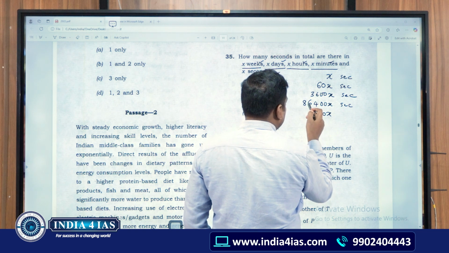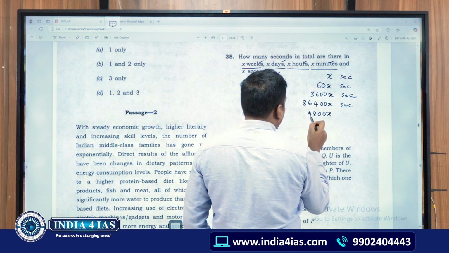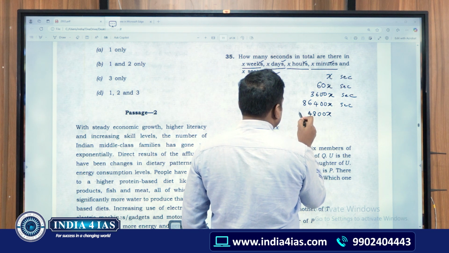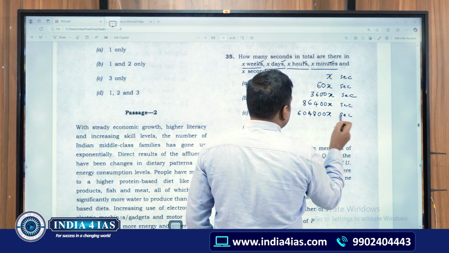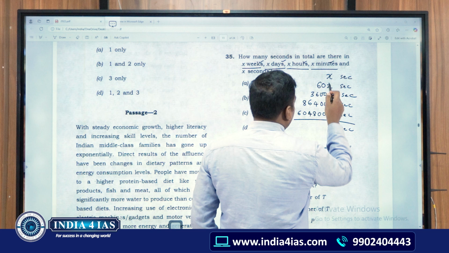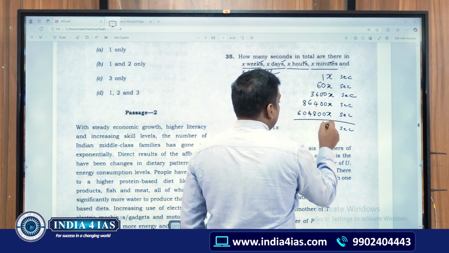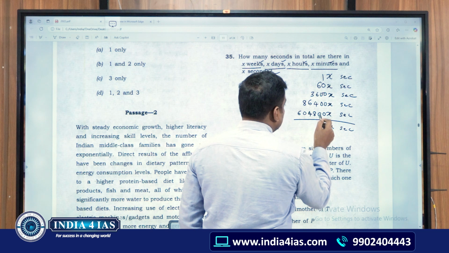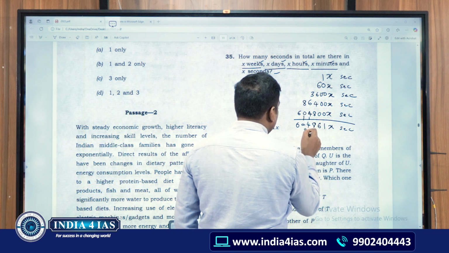7 4s are 28, 7 6s are 42, so 44, 7 8s are 56 plus 4, that is 60. These many seconds. So add them up, x will remain here, but here you have to take this as 1x, not just x. 1 here, then 6, then 6 plus 4 plus 8 is 18, 6 plus 4 plus 3 plus 1 is 14, then 69.